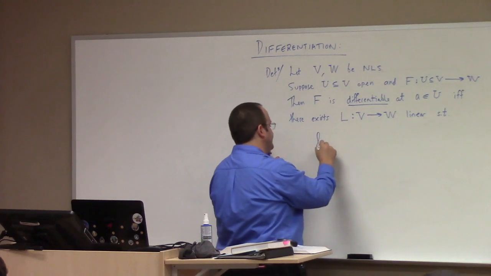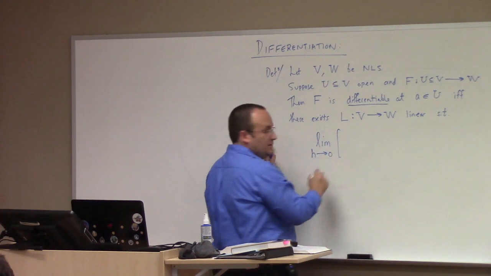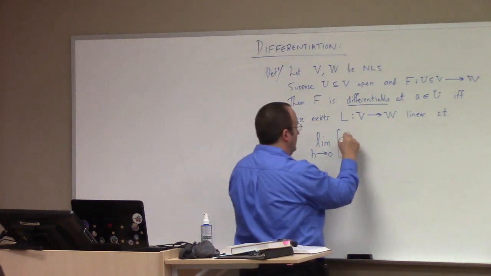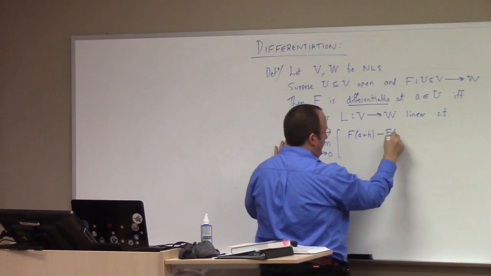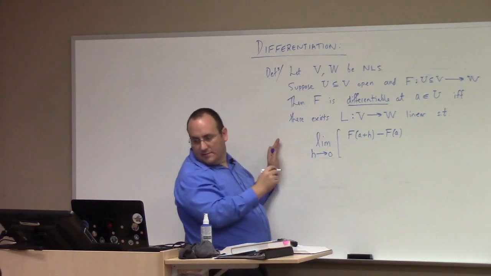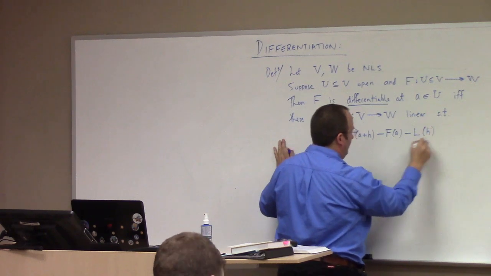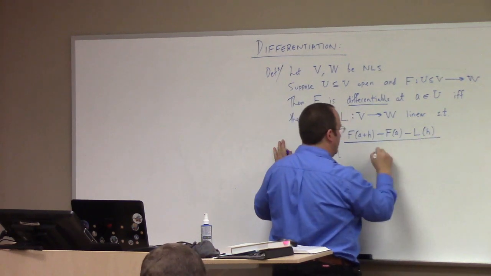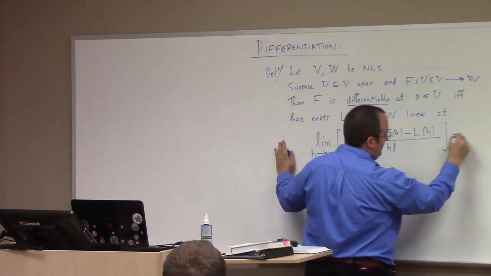The limit as h goes to 0 of f of a plus h minus f of a minus L of h, divided by the norm of h, equals 0.